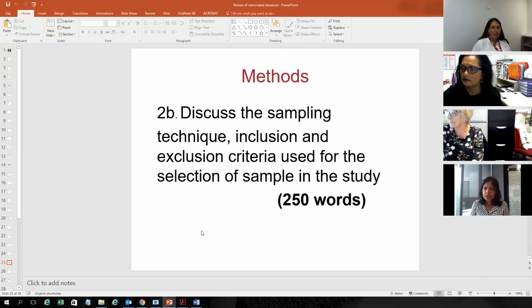This question is straightforward, and the answer is in the study itself. So you don't have to go back to the textbook, because what's expected is to identify the sampling technique and what was the inclusion and exclusion criteria used for that particular study. So you don't have to reference anything else.